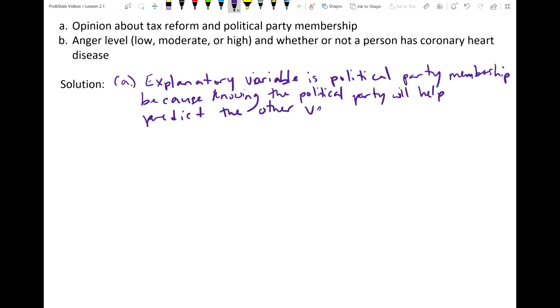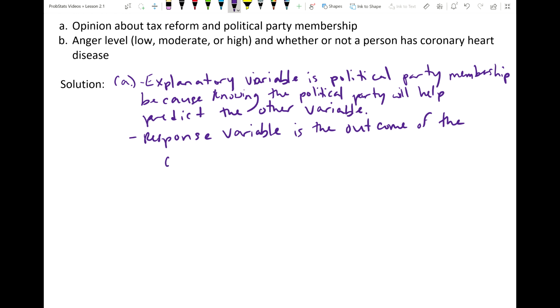In this case, the other variable is the opinion about tax reform. So in this case, the response variable is the outcome of the opinion about tax reform.